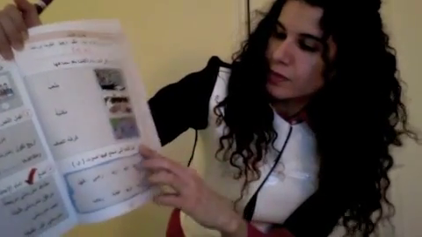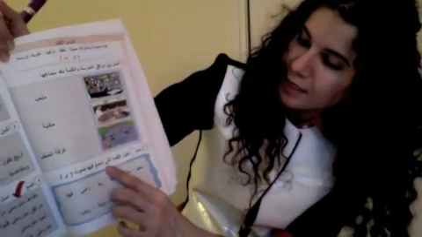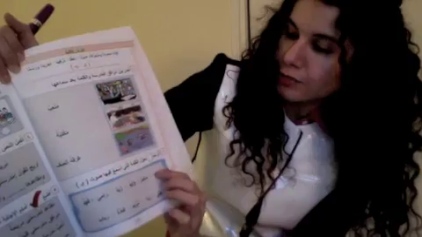Exercise 2. We're just gonna draw a circle around the words that sound like the ya.